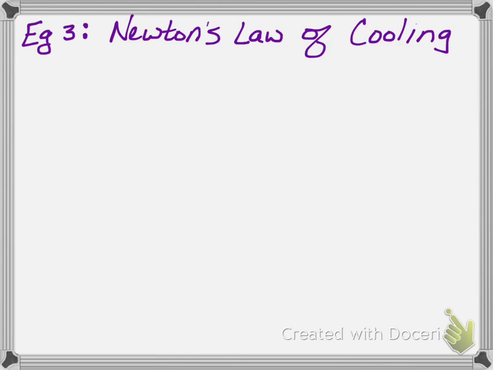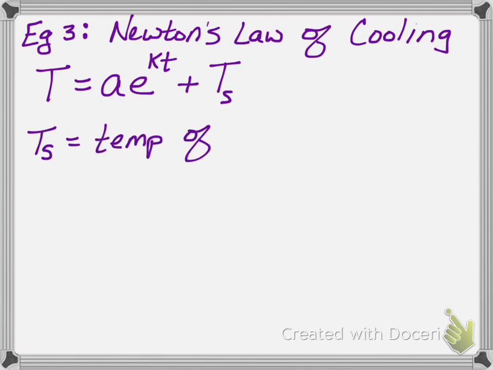For our next example, we're talking about Newton's law of cooling. The equation for Newton's law of cooling is T, which is the current temperature at time little t, equals A e to the kt plus T sub s. T sub s is the temperature of the surrounding air.